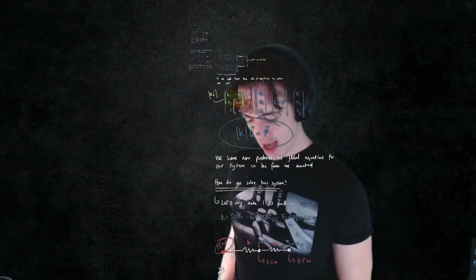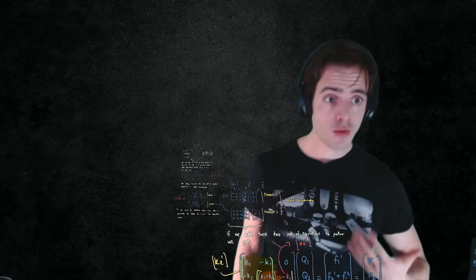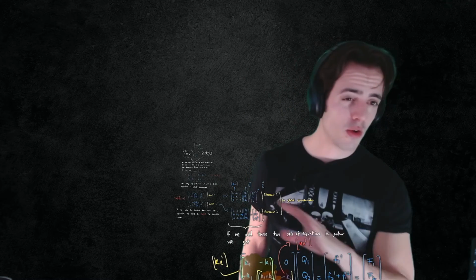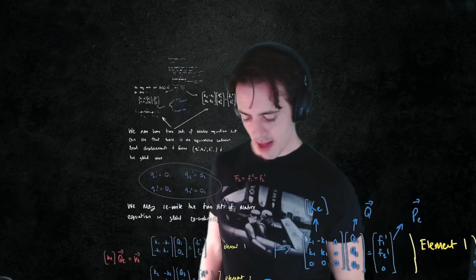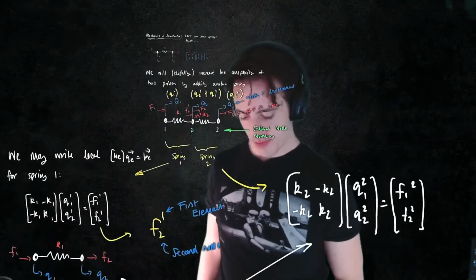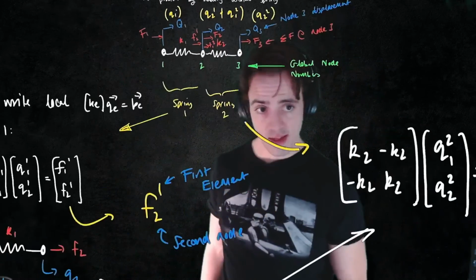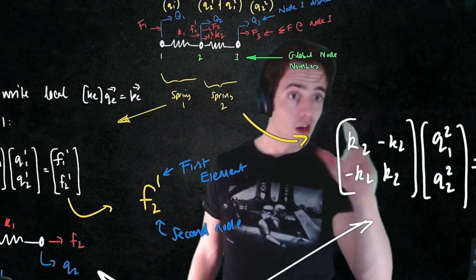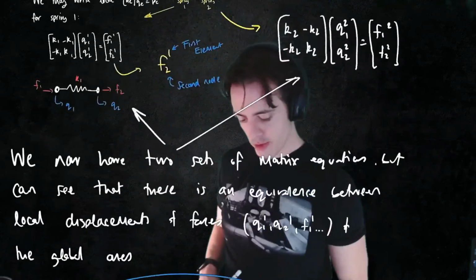So we've done a lot here, okay? This is starting to look more like a methodology we might be able to use to solve things. We dealt with one spring, seemed a bit useless, but the instant we start adding these things together, so we had the single spring, put two of them together, we need to think about how we relate local and global things, and then we put them into these formats, which are just these local formats.